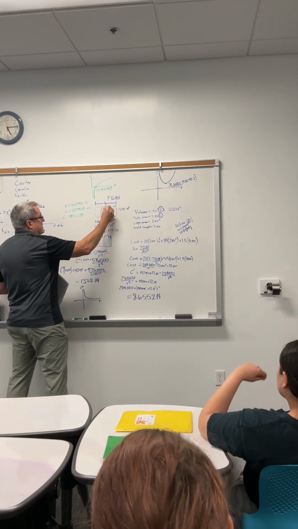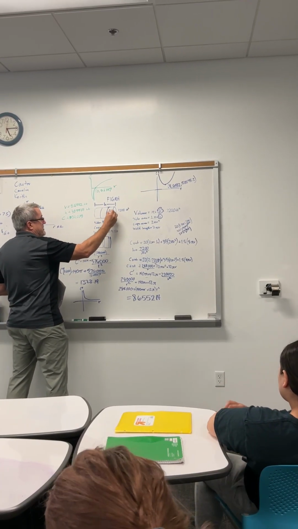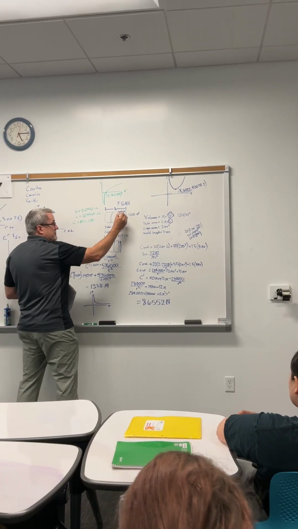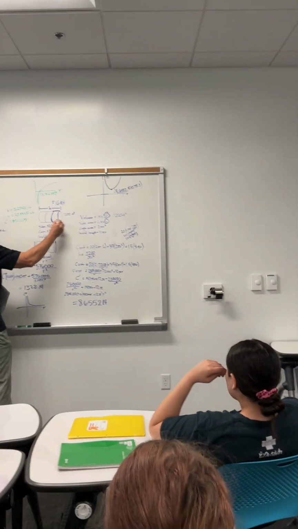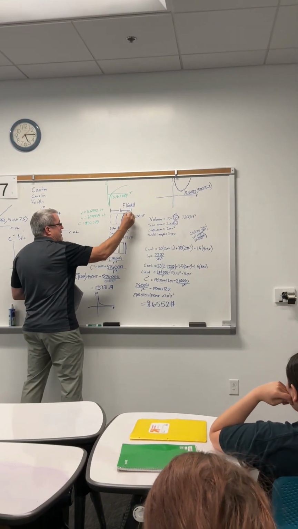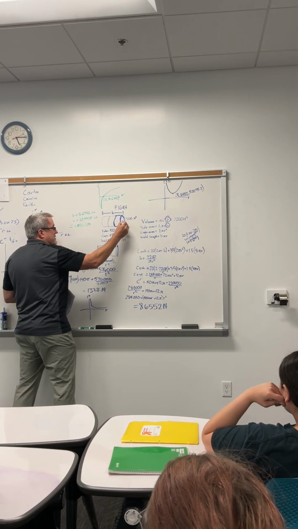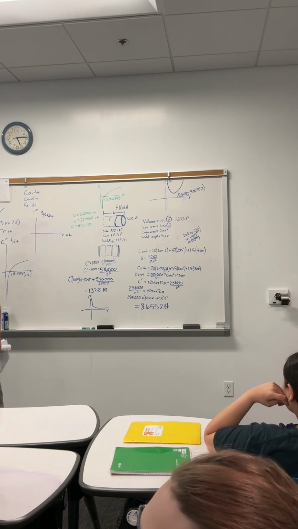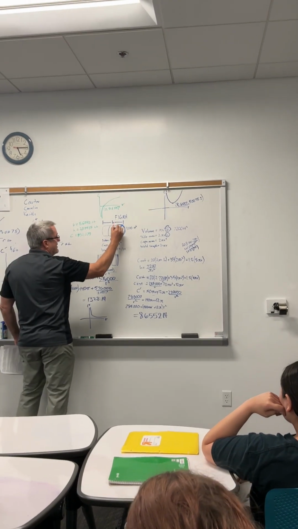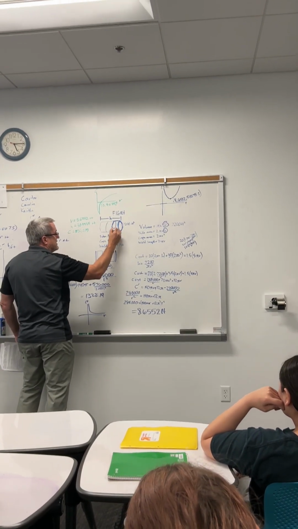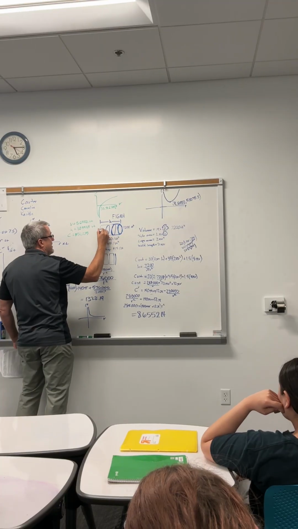When you weld, for instance, this piece to this end cap, wouldn't you have to weld a bead around that whole circumference to keep it all together? Yeah. And then you'd have to do the same thing on the other end.